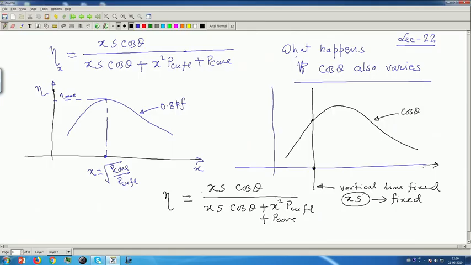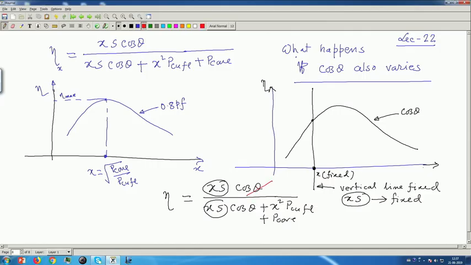What I am telling you now, to understand how efficiency will vary if you vary theta, is that I will keep this constant. At a given kVA, I will vary the power factor at this kVA. What is this kVA? A fixed value of x into S. x is fixed now, I will fix x and then vary theta.